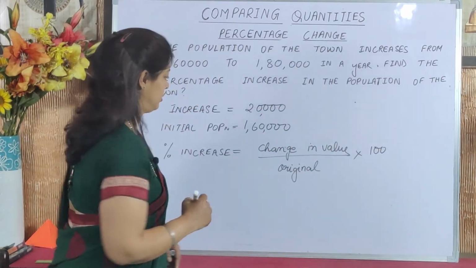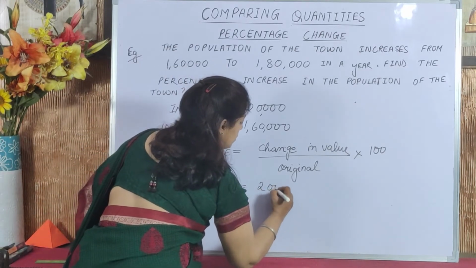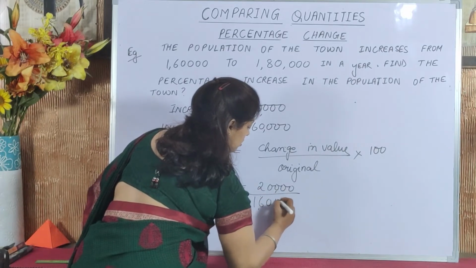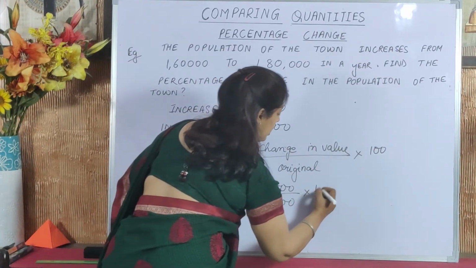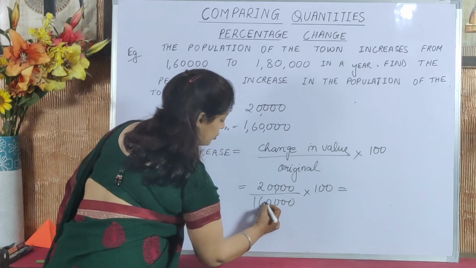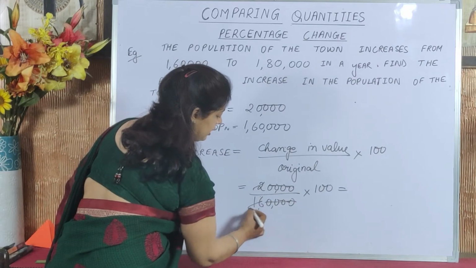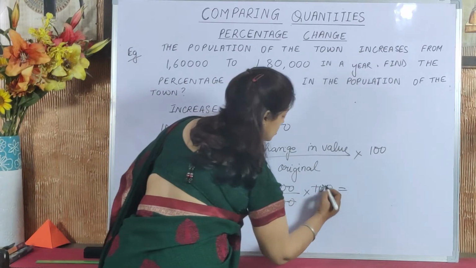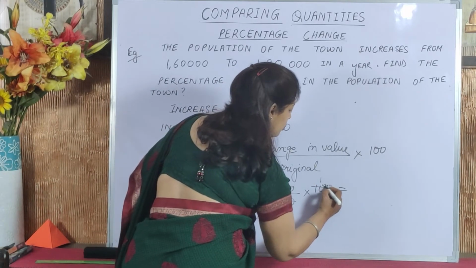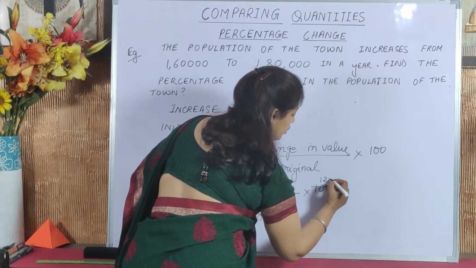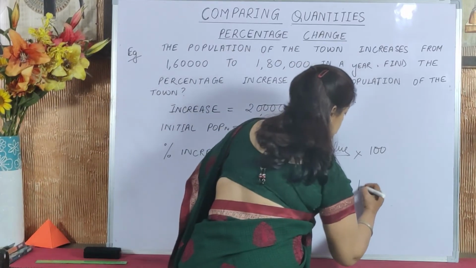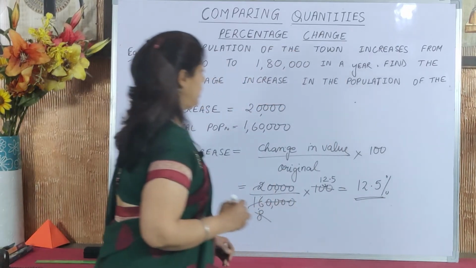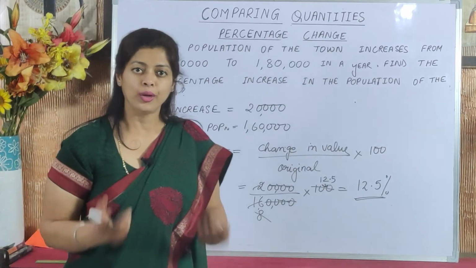So the change in value is 20,000 upon 1,60,000 multiplied by 100. Now 4 zeros get cancelled. 2 goes 8 times in 16. We are left with 100 upon 8. 8 goes once, carry 2. 8 2s are 16, carry 4. 8 5s are 40. So this gives 12.5%. So the percentage increase in the population of the town is 12.5%.